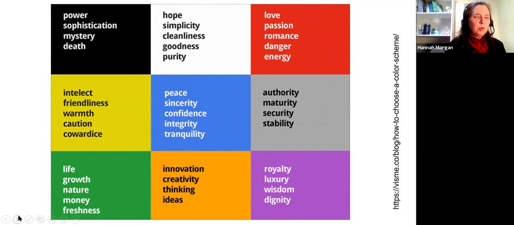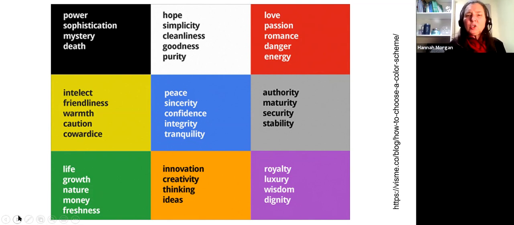So there's blue, which is peace, serenity, confidence, integrity, tranquility. When you think of a lot of the big brands that you know of, like IBM has always been blue because blue is trustworthy. Nike is black, that powerful swoosh. So their different colors mean different things.